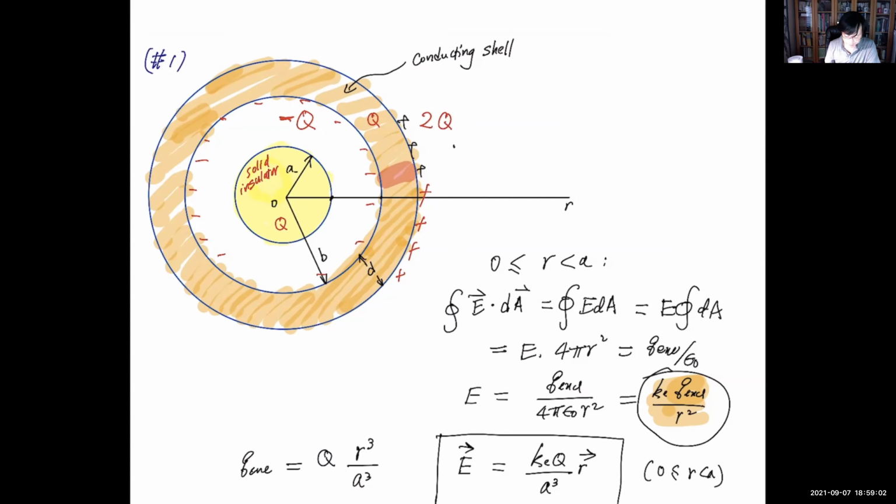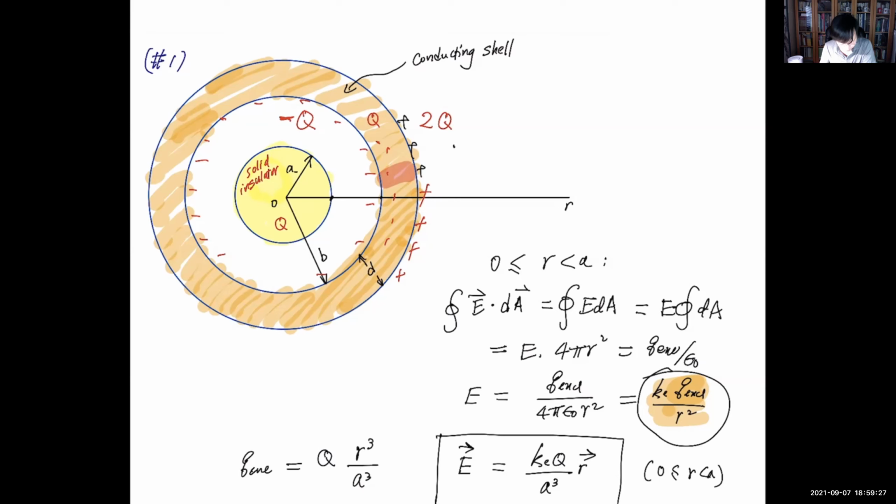So that last part of this problem is based on a combination of Gauss's law and the ideal conductor argument, which is to say that the electric field is zero anywhere in this region. So that's where the charges go. Now, of course, if this shell is an insulator, that doesn't satisfy that rule. The electric field inside the insulator can be non-zero.